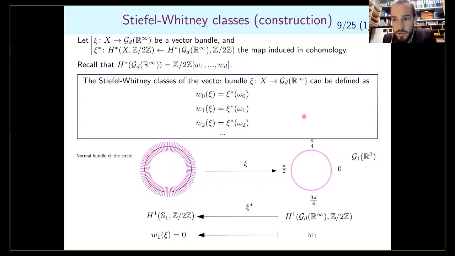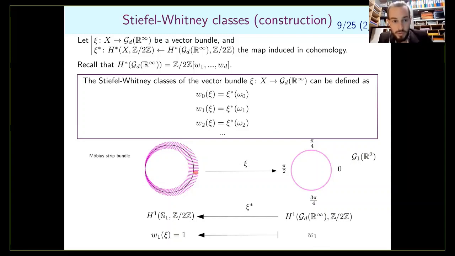So I propose an example here. As I explained, the map Xi that describes the normal bundle of the circle is a map that winds twice around the Grassmannian. But if you wind twice, your image in cohomology is 0. The induced map in cohomology is 0 because we are over the field Z over 2Z. So the image of W1 will be 0. Let me show you what happens with the Mobius strip.